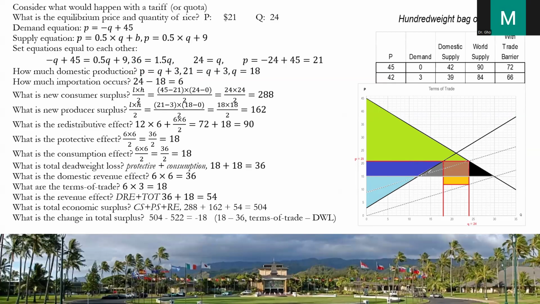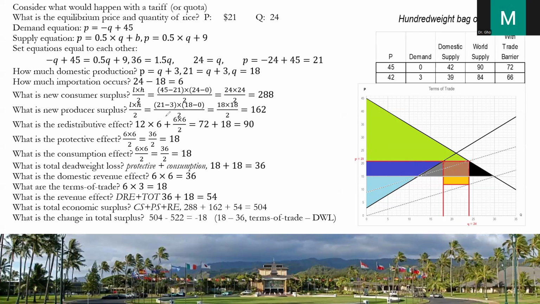So at a price of 21 and quantity of 18, domestic production is at 18, which is right here. What is importation? They're consuming 24. So 24 minus 18 is going to be 6. That's the distance of this ray right here.